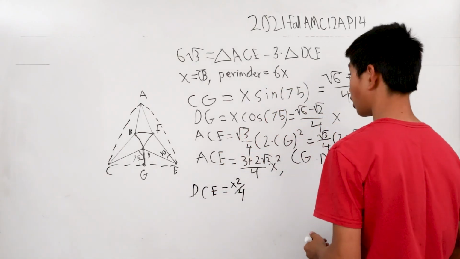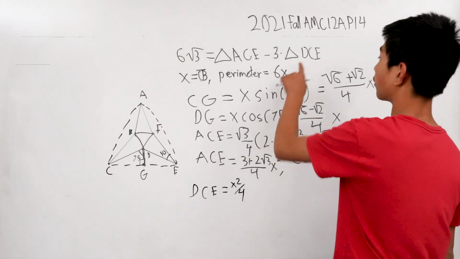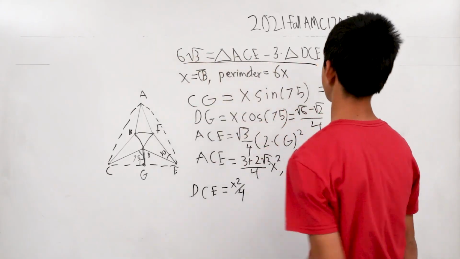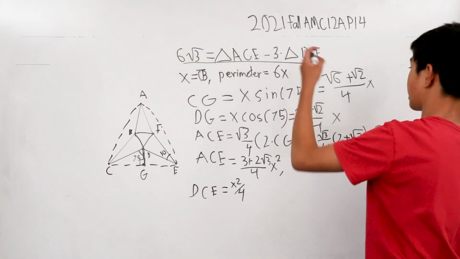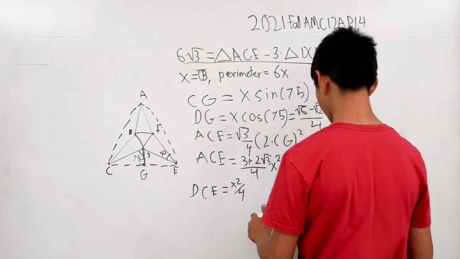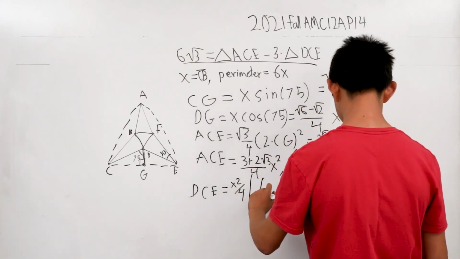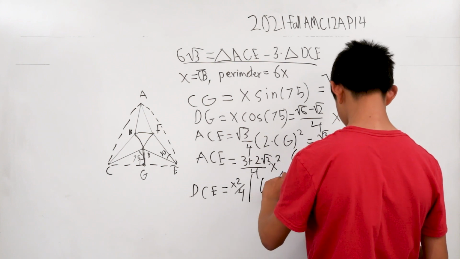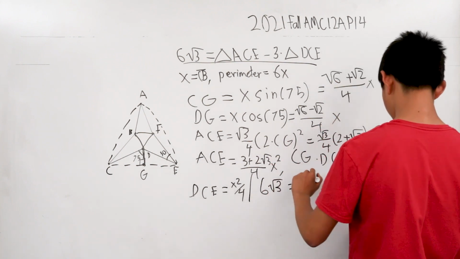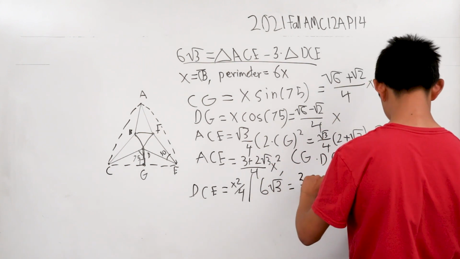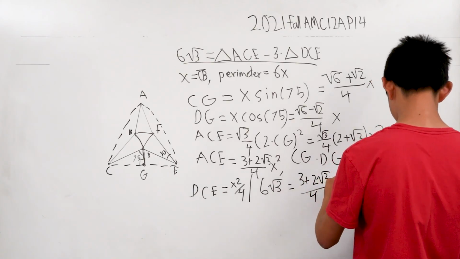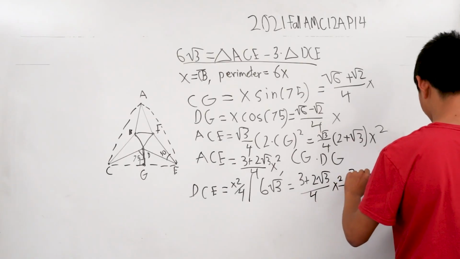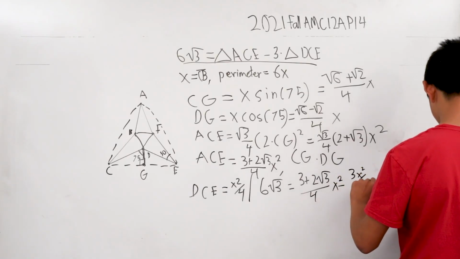So if we use our first equation here, as we have both the values in terms of x of ACE and DCE, we get that 6 root 3 is equal to 3 plus 2 root 3 over 4 x squared minus 3 times x squared over 4.